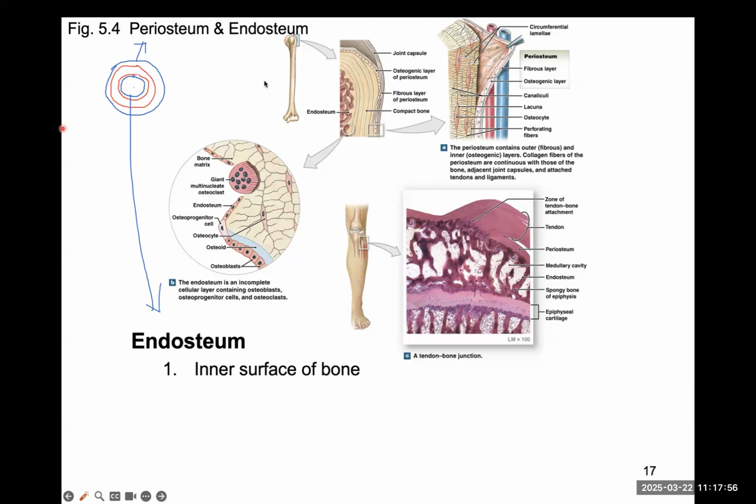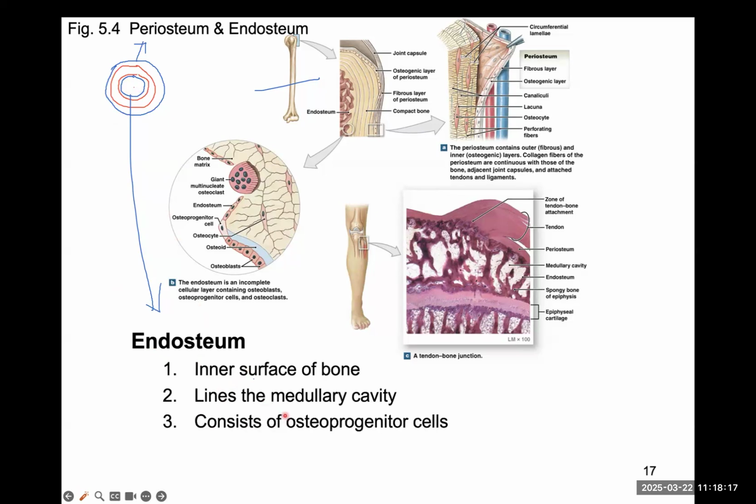And this is again, if you were to cut the long bone and look at the cross section. So this is the cavity inside, where the medullary cavity is, and then the inner surface of the bone is called endosteum. It lines the medullary cavity and consists of osteoprogenitor cells. So it's the inner surface of your bone.